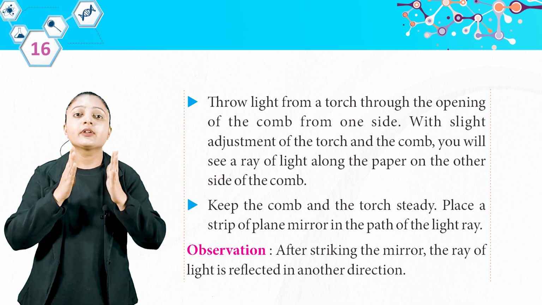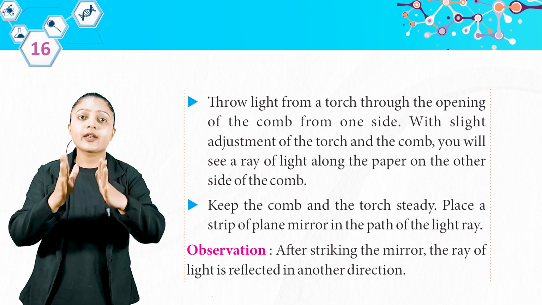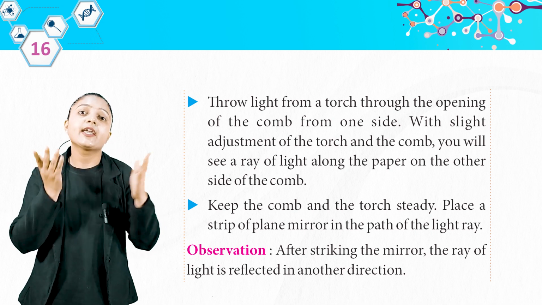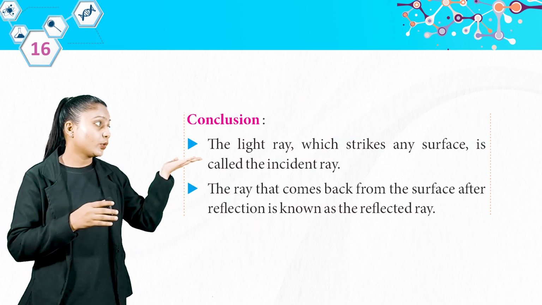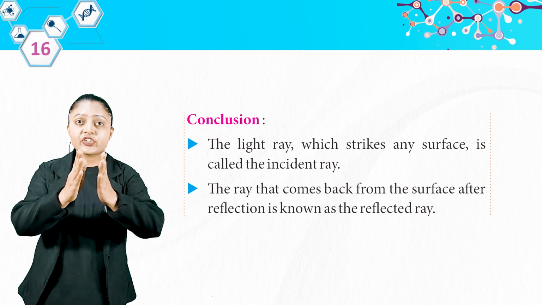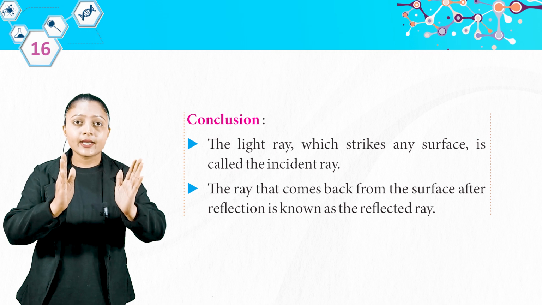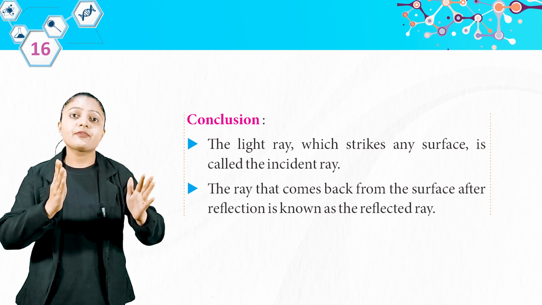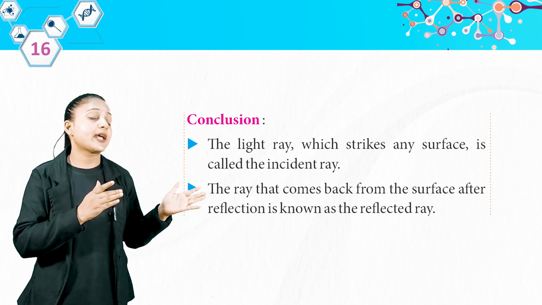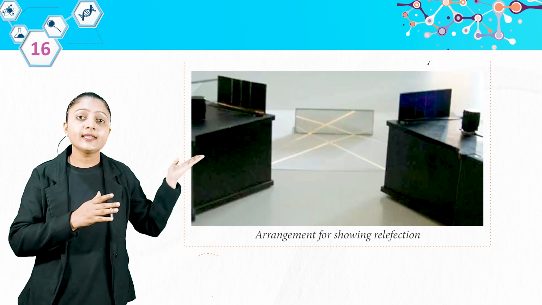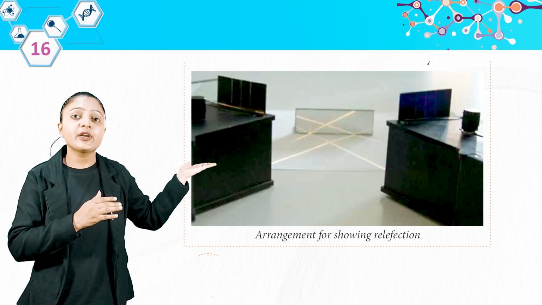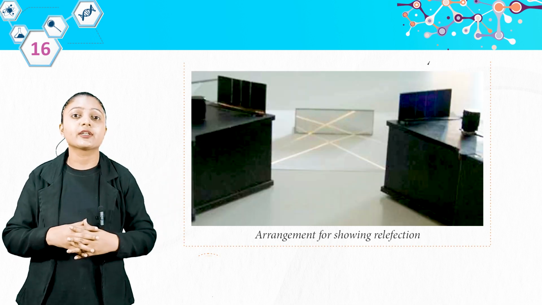Observation: after striking the mirror, the ray of light is reflected in another direction. Conclusion: the light ray which strikes any surface is called the incident ray. The ray that comes back from the surface after reflection is known as reflected ray. In the image, you can see the arrangement for showing reflection.